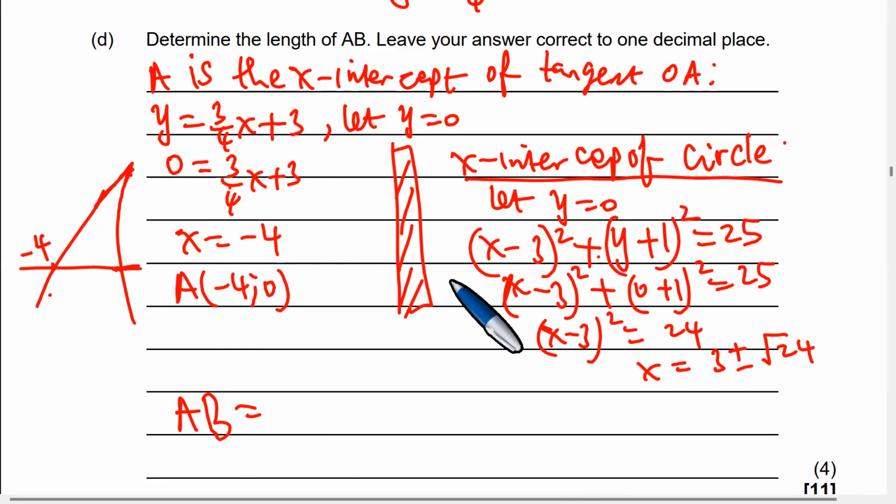Right, so the coordinates would be, now you need to choose between these, but it's on the negative side. So you're going to have that this one is 3 minus the square root of 24. Which means the distance now between these two, you need to subtract these here.